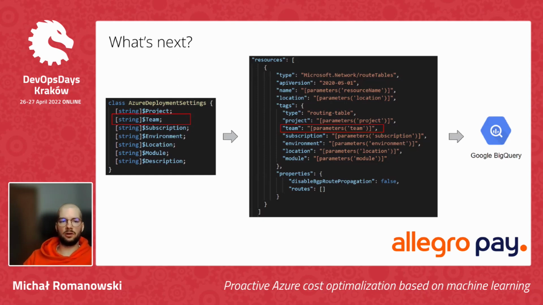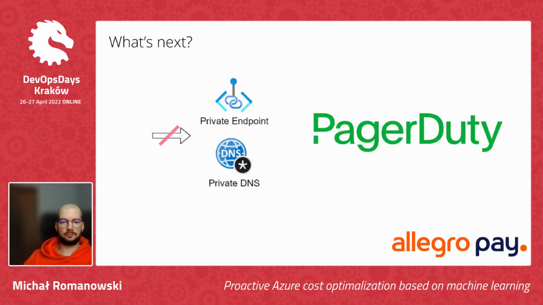And we would like to download this information and save it in the BigQuery service. So when a new alert is generated, the proper team is also mentioned, and that team is required to take some actions and to manage their resources and to optimize the cost of it. So we don't have to pay any additional attention to that process.